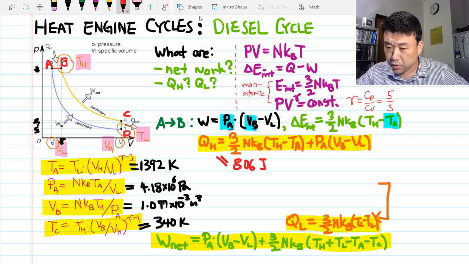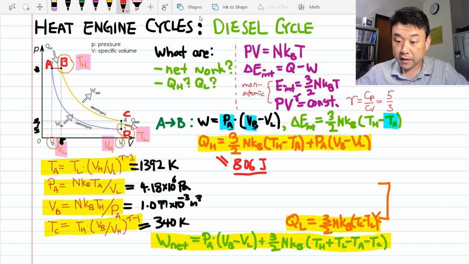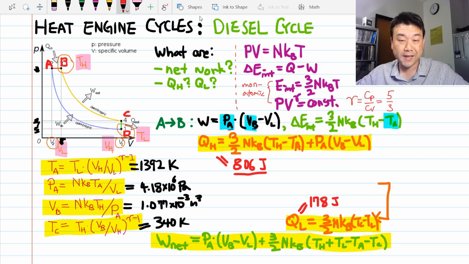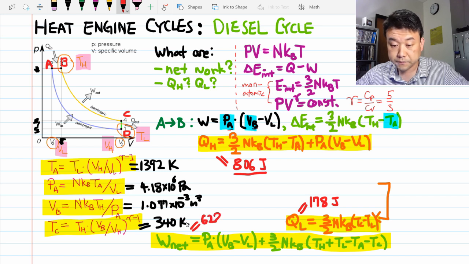It's also small like the Otto cycle, so I think the same reason applies. Let's calculate QL, the heat output of the heat engine. That's equal to 178 joules. So the net work should be the difference between them, but let me plug these numbers into my calculator to double check. And I get 628 joules. That seems reasonable.